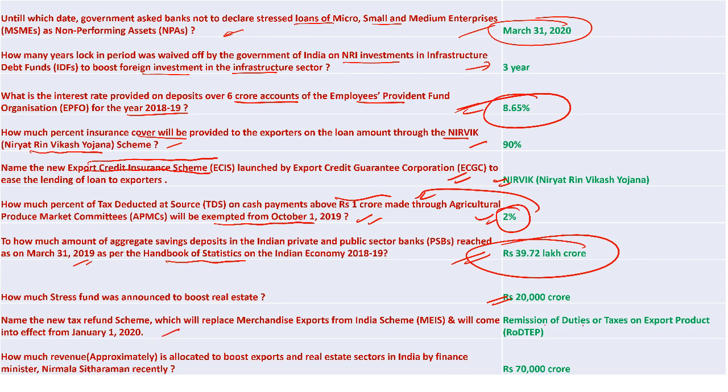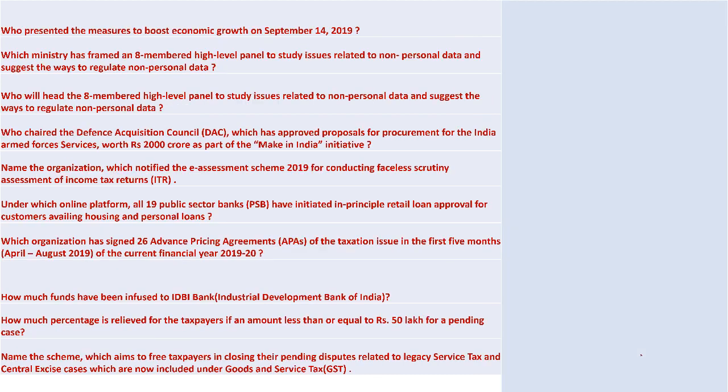That's Remission of Duties or Taxes on Export Products, RODTEP. How much revenue is allocated to boost exports and the real estate sector in India by the finance minister? That's 70,000 crore. So don't get confused between this. The stress fund is this one, and to boost exports and the real estate sector in India, that's 70,000 crore. Okay, try these.